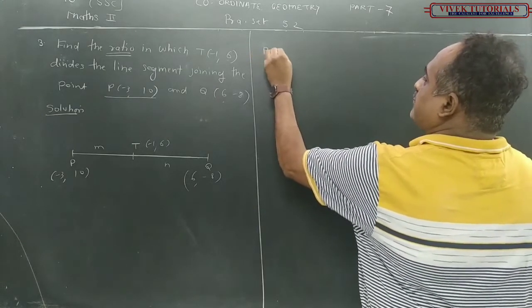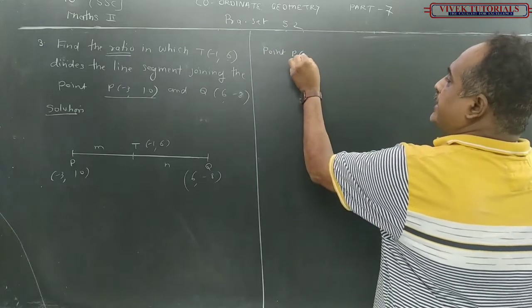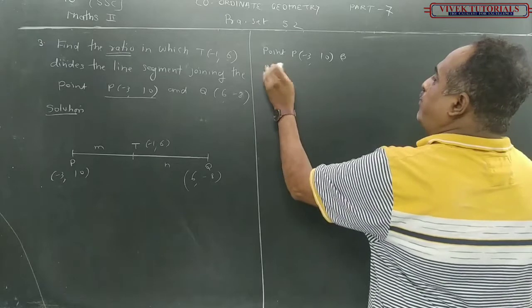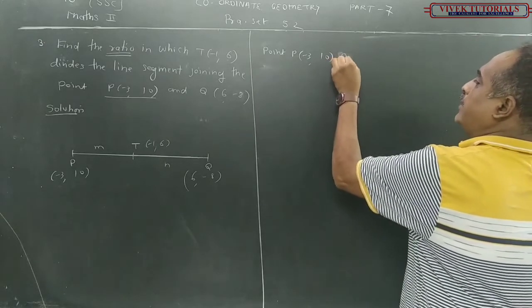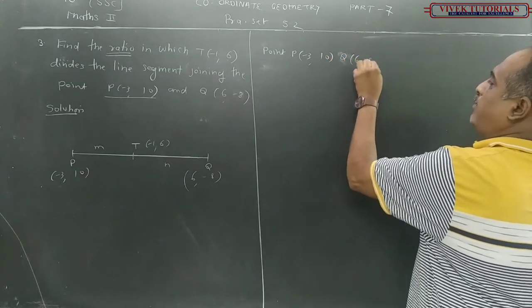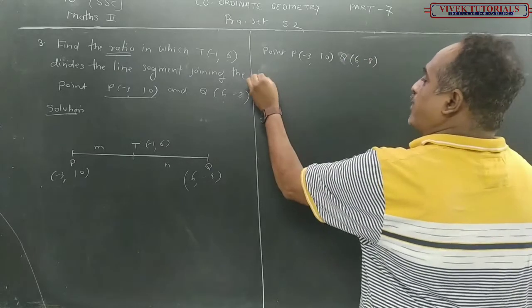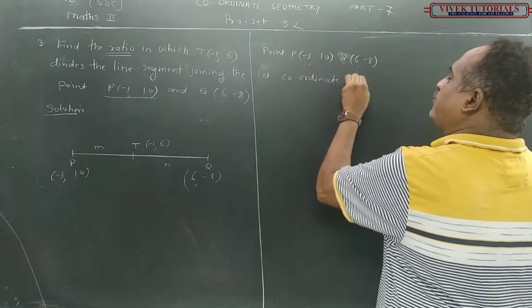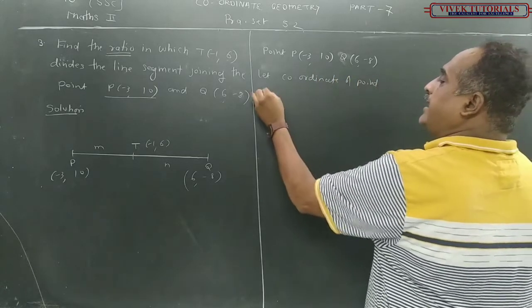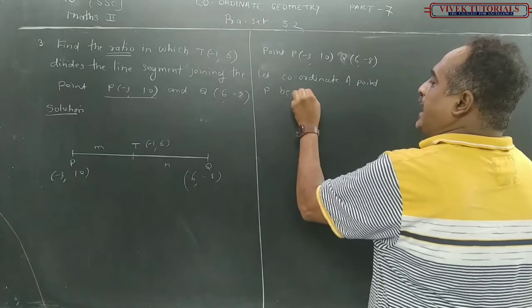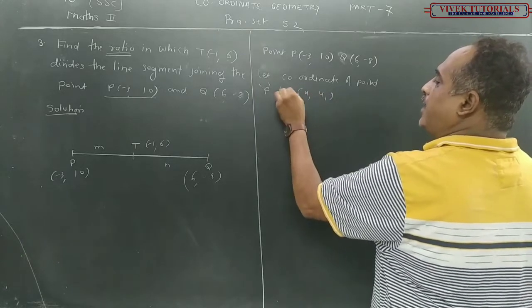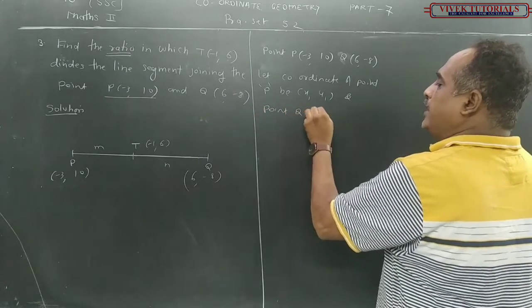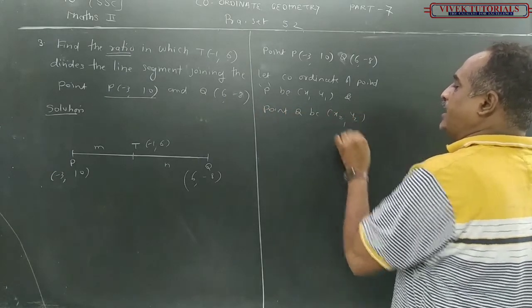Point P is (-3,10) and Q is (6,-8). We are going to write: let the coordinate of point P be x1, y1 and point Q be x2, y2.